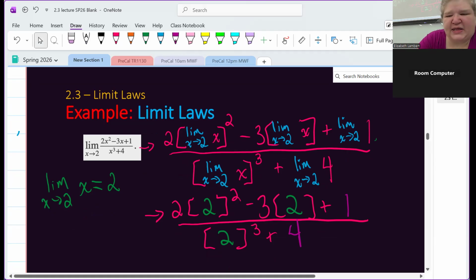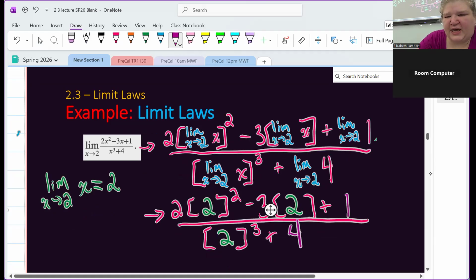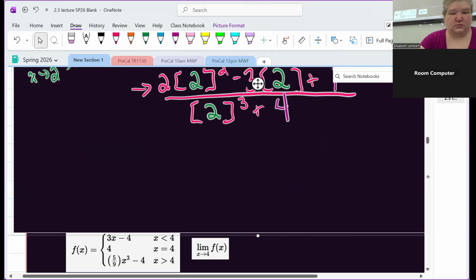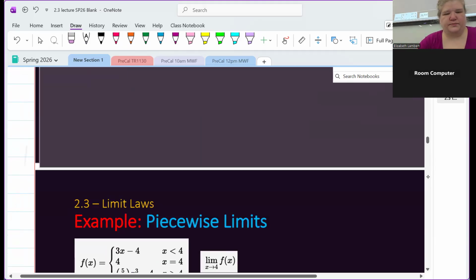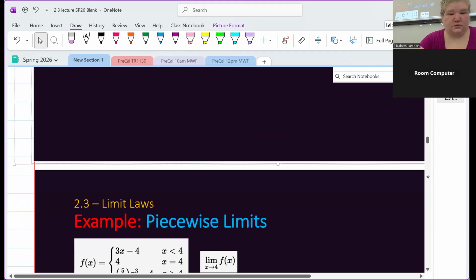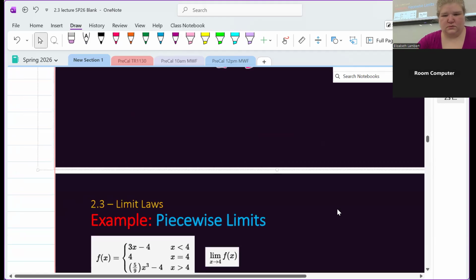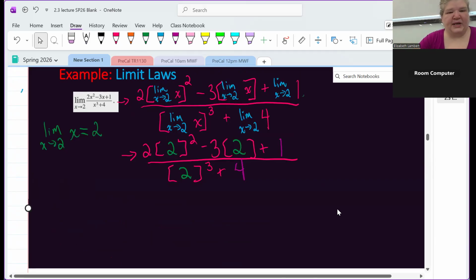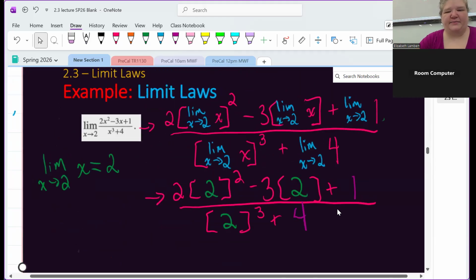So now look at the result I have here before we do the calculation, and look at the original function we had.